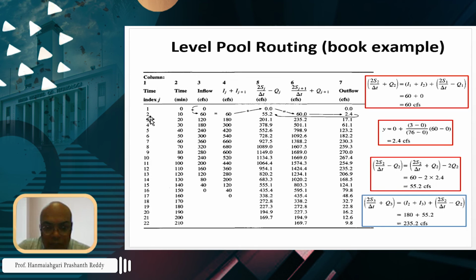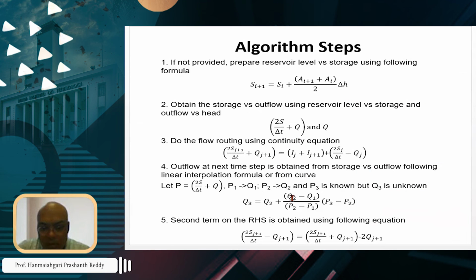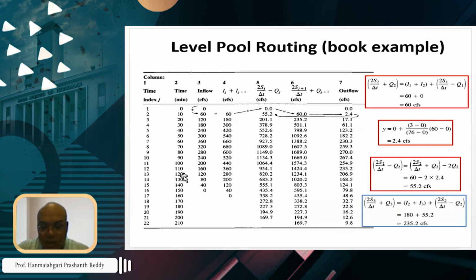Next, at time 10 minutes, the inflow is 60 CFS. So I1 plus I2 becomes 60, because we are using the continuity equation. You see the continuity equation. To calculate this term, first we need to do Ij plus Ij+1 plus 2Sj by delta T minus Qj. We have to add up those two terms.